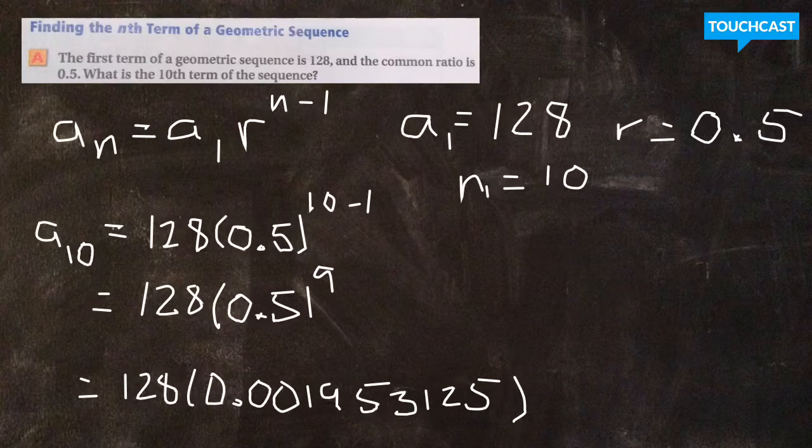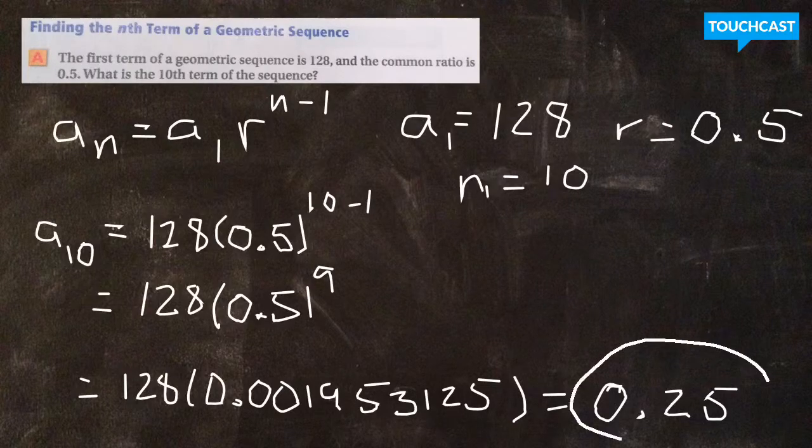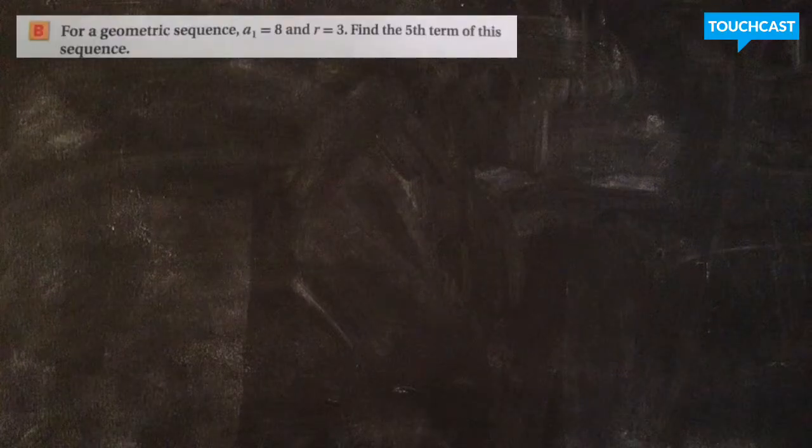And now we can multiply 128 by that decimal value, which will give us 0.25. We don't want to round until the end, and because 0.25 is a nice number, our 10th term is 0.25.